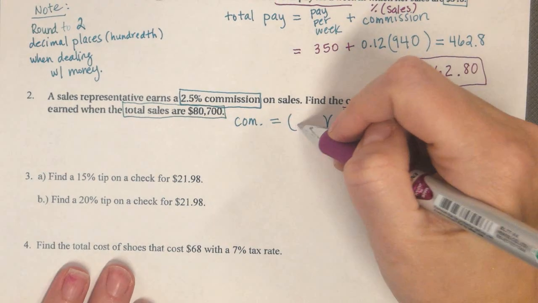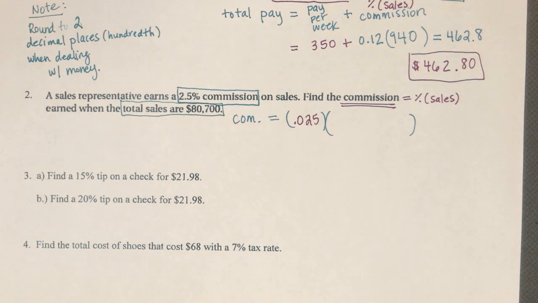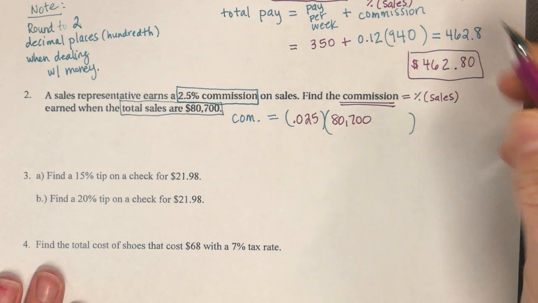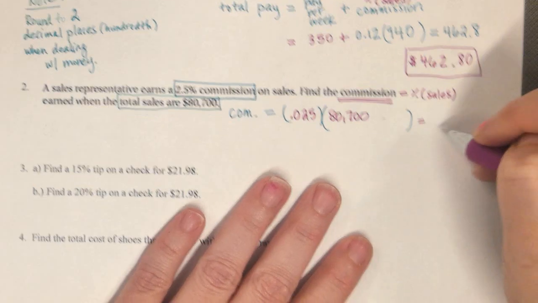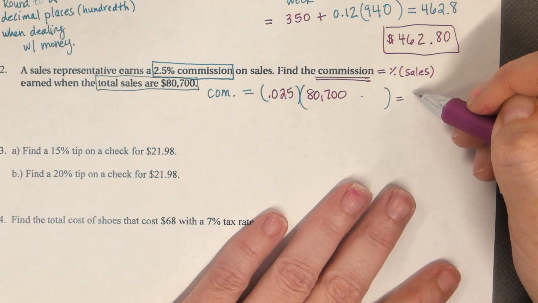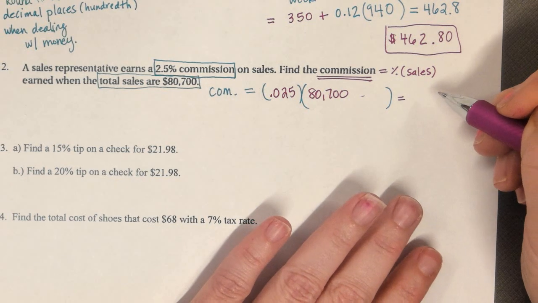Okay, good. The 0.025. And then what were the sales? What did you multiply it by? Yeah, good. And then I guess I gave myself too much room there. And then what did you get when you calculated that?